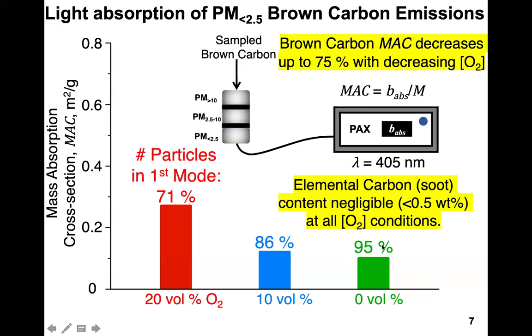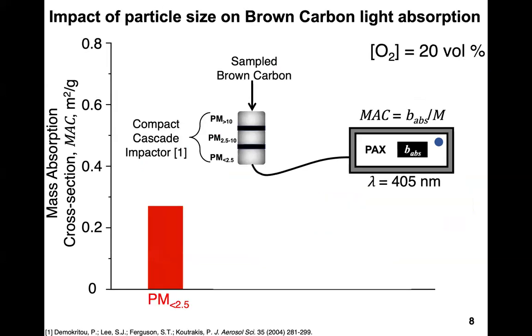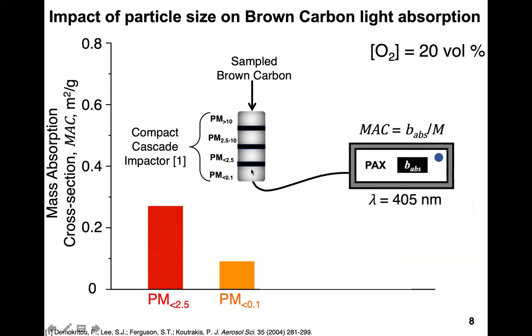To corroborate this hypothesis, we modified slightly our experimental setup. So here we focus on the light absorption of brown carbon emitted from pinewood combustion with air. However, we included here an additional stage in our impactor. So that way we were able to size-select brown carbon particles that had an aerodynamic diameter smaller than 0.1 micrometers.